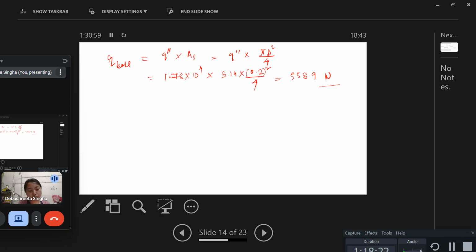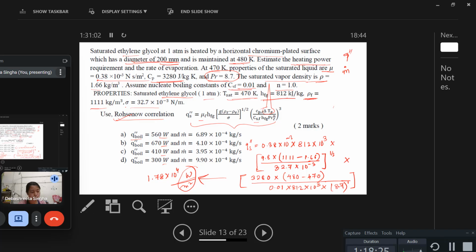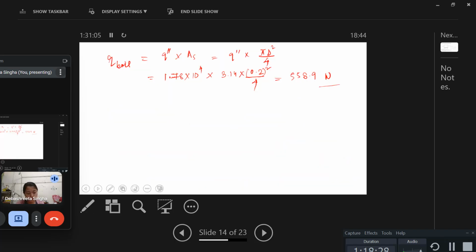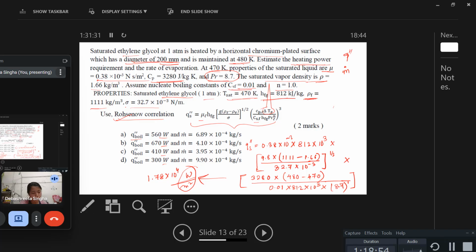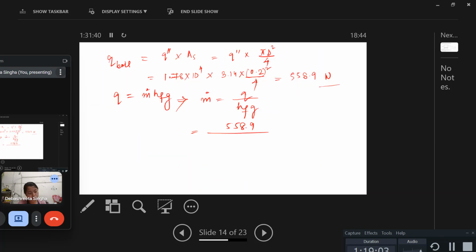Okay. Next is to find out the m dot, right? For finding out m dot, we also know that Q is equal to m dot into HFG. So m dot is equal to Q by HFG. So 558.9 divided by HFG, which is 812 into 10 to the power 3.